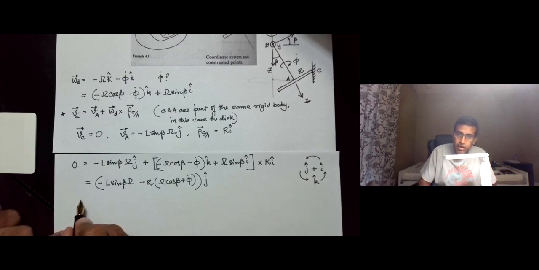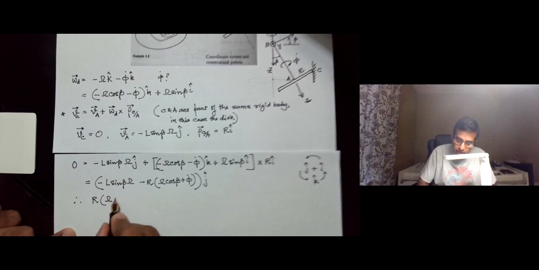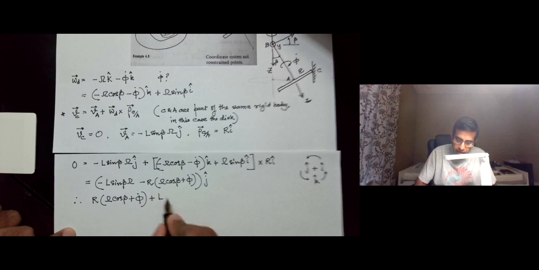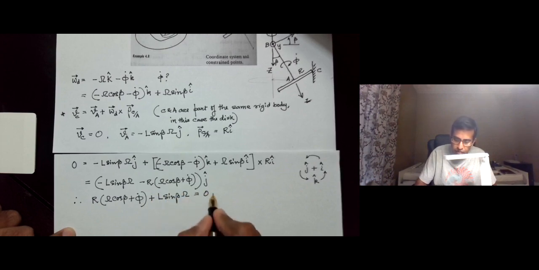So now because the left hand side is 0, we can say that therefore r times omega cosine beta plus phi dot plus L sine beta capital Omega is equal to 0.